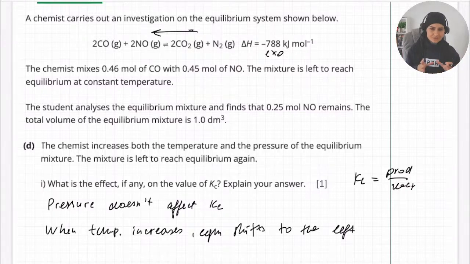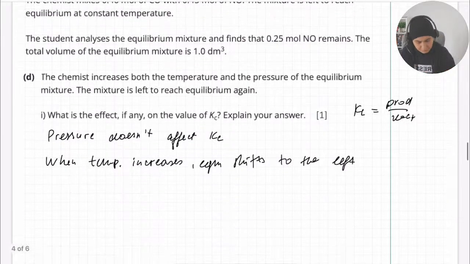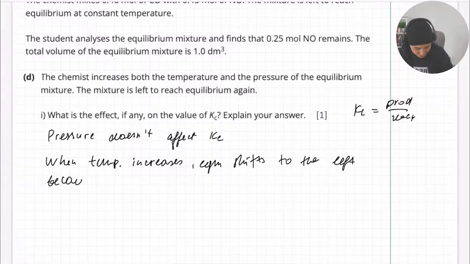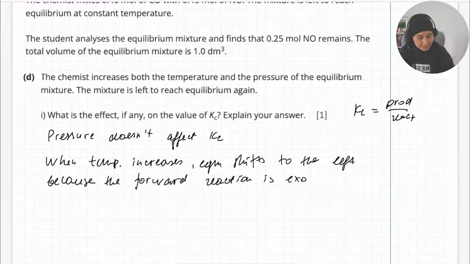So the wording might slightly differ based on the board that you're doing, but the idea is the same. So when temperature increases, the equilibrium shifts to the left because the forward reaction is exothermic, and that means that Kc decreases.